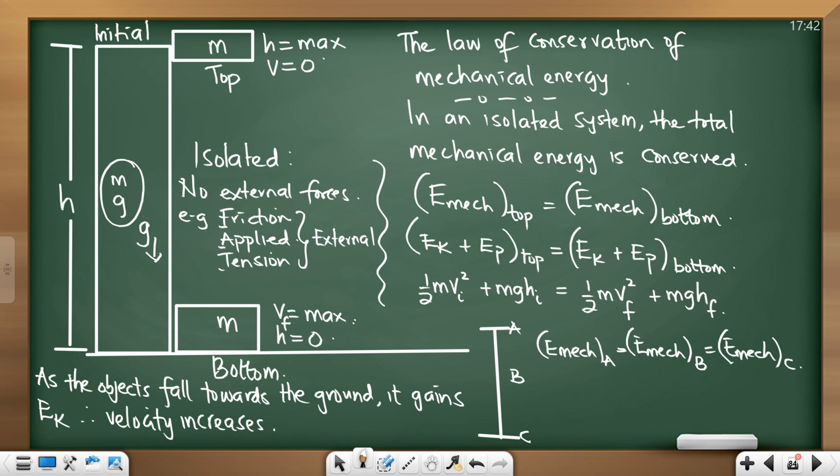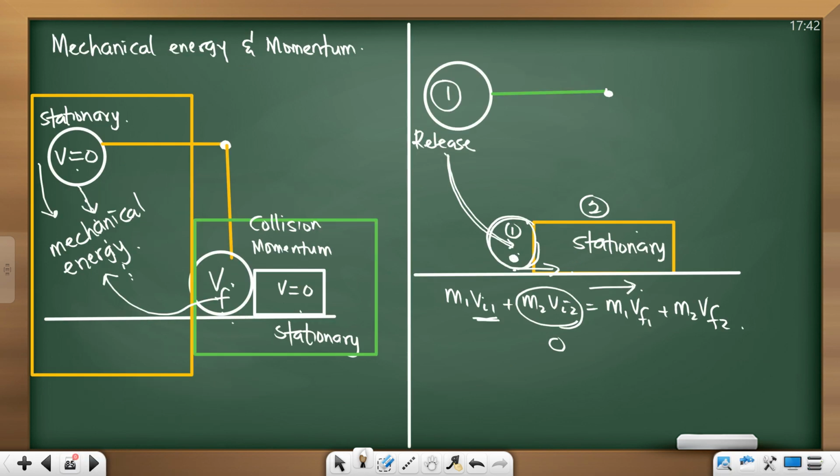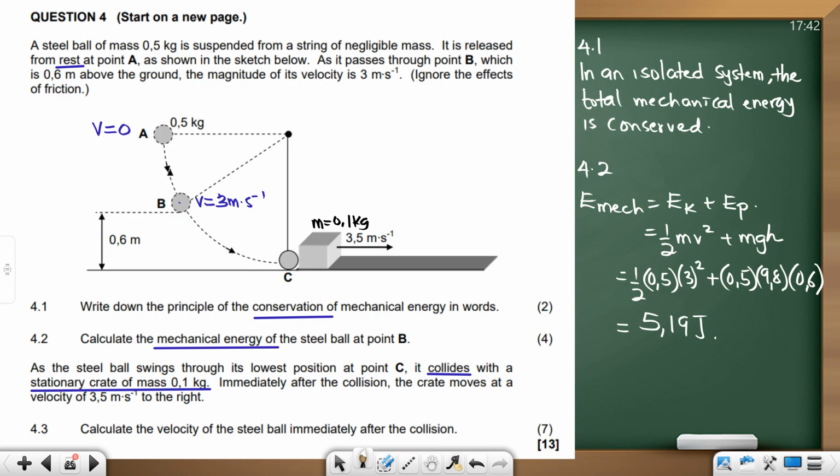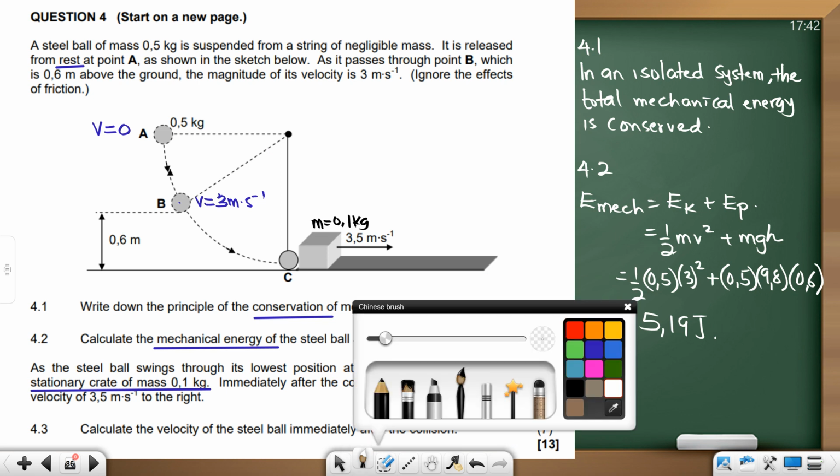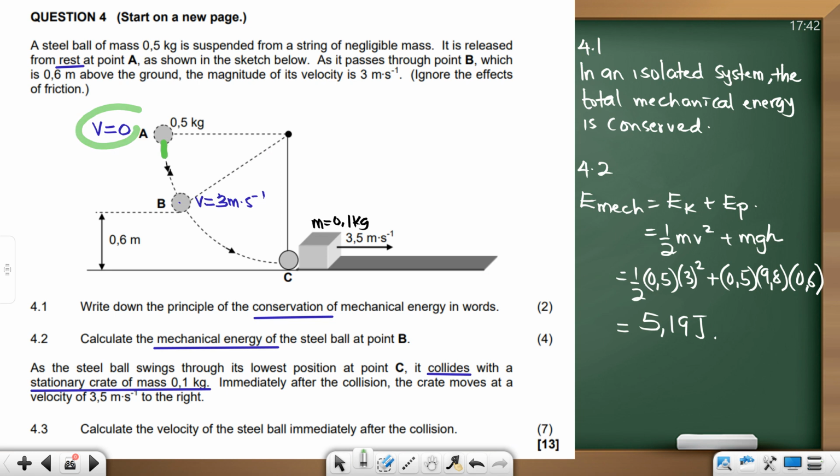Okay, so we've written down this note, right? Now I'm going back to the question. Please understand, as the object moves down, velocity is increasing. That's why we said the object starts from 0 and starts moving. Velocity is increasing 1, 2, 3.